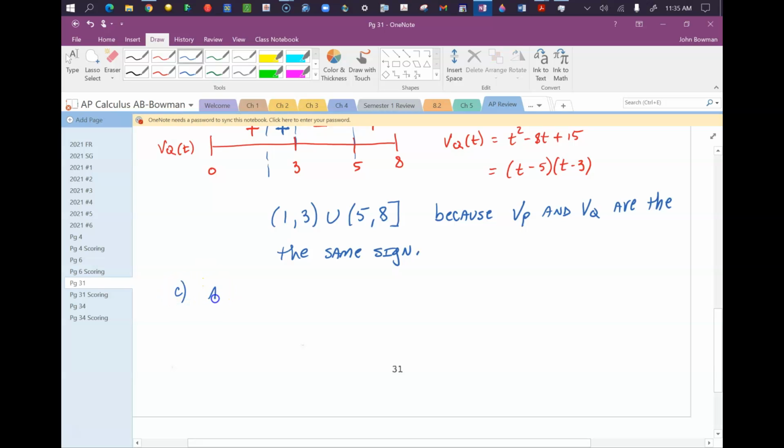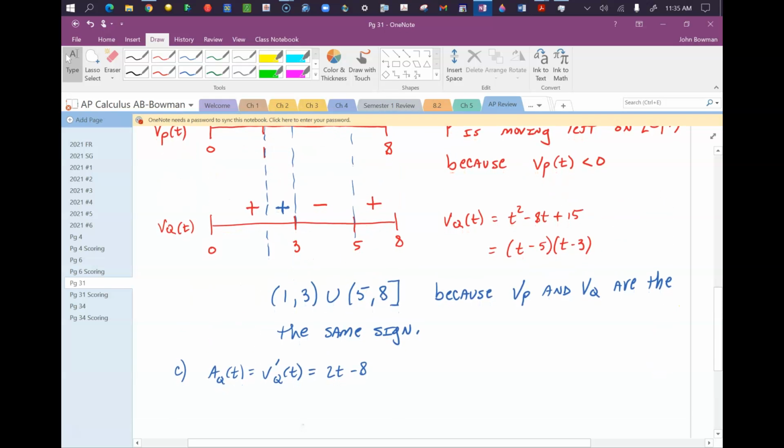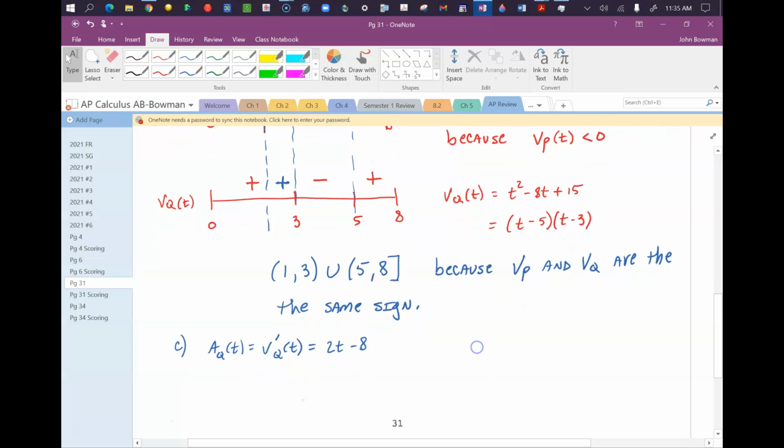In part C, AQ of t is equal to V prime of q. So that is going to be the derivative, 2t minus 8, the derivative of VQ of t, and AQ of 2 turns out to be 4 minus 8, or negative 4.